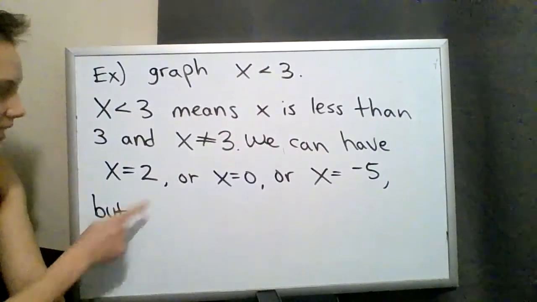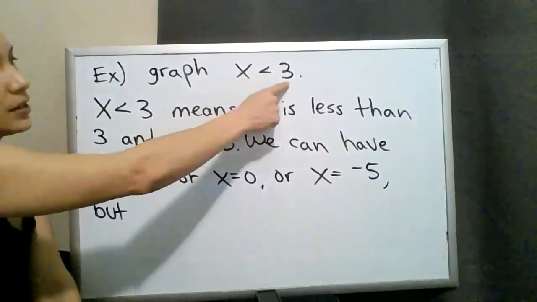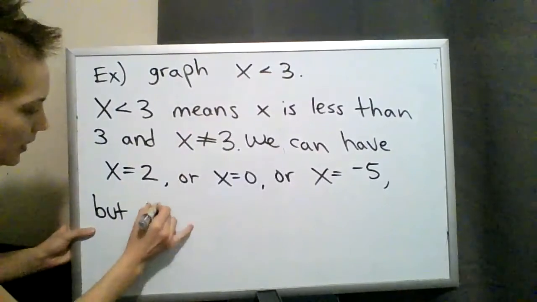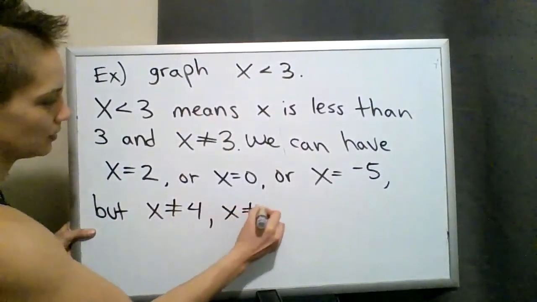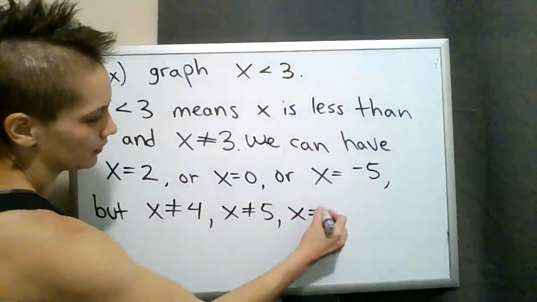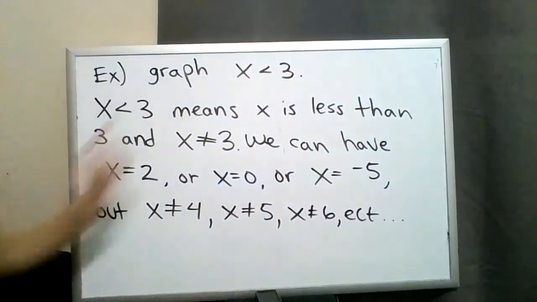We talked about how X cannot equal 3. X has to be less than 3, so it can't be a number greater than 3, like X cannot equal 4. It just can't go this way, positive infinity, past 3.